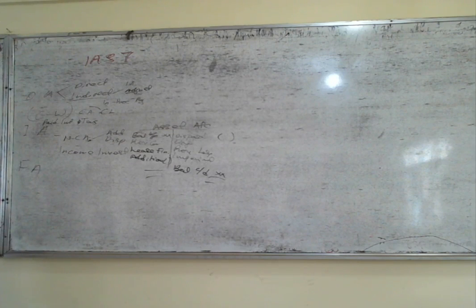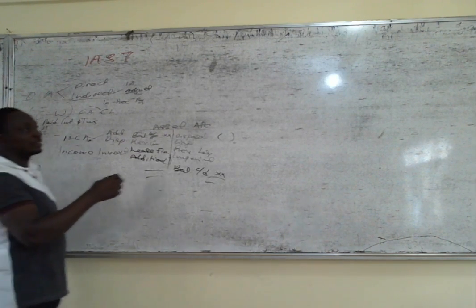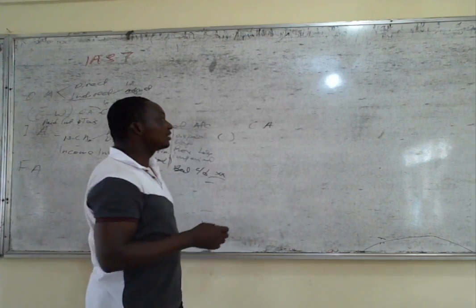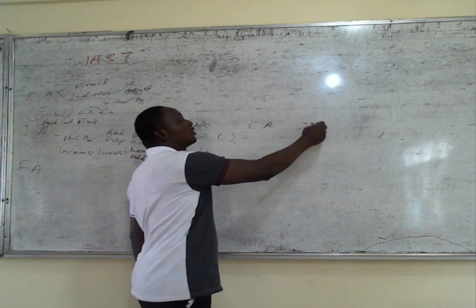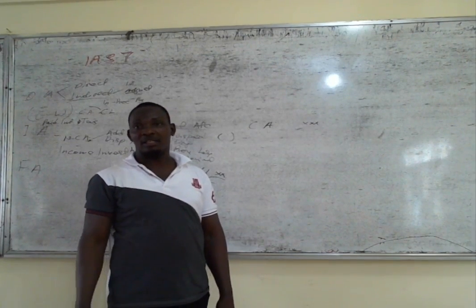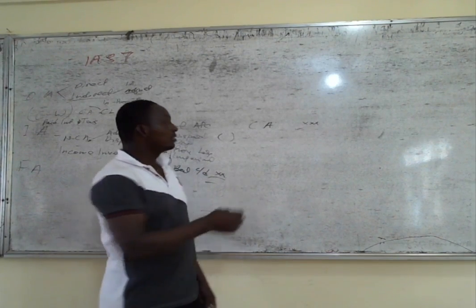At times, the profit or loss on disposal has to be calculated from the question. So if they say that the carrying amount of a certain asset is given and it is sold at a profit, there was a gain on the disposal.